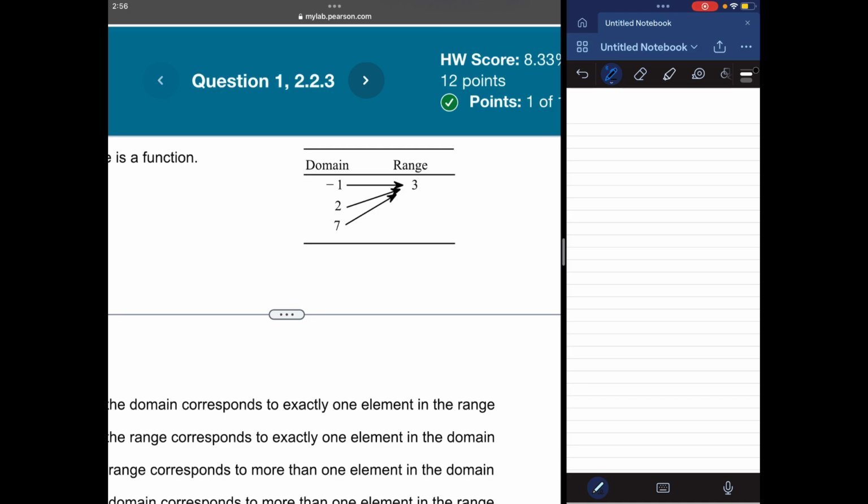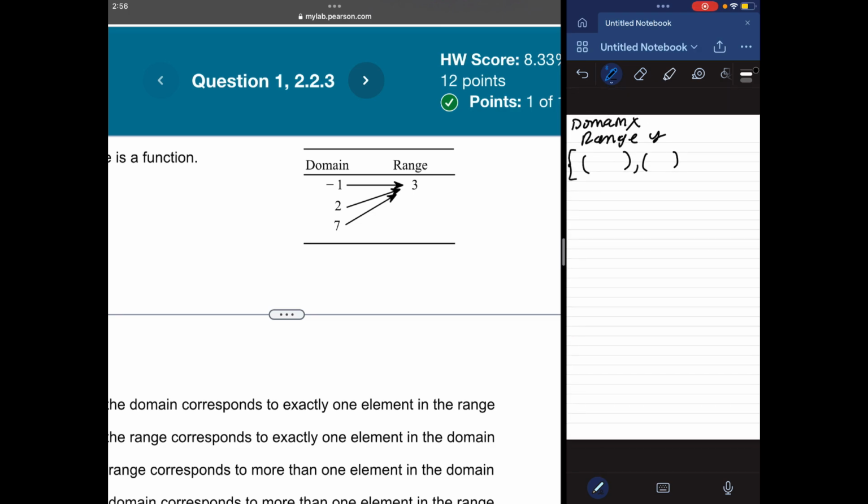So if I had an ordered pair, there's so many different representations of functions. But domain is x, range is y. So when we're looking at our ordered pairs here, I have -1, 3, 2, 3, and then 7, 3.